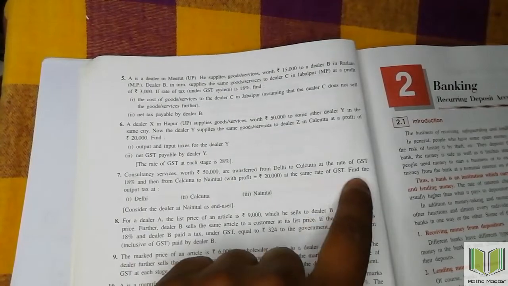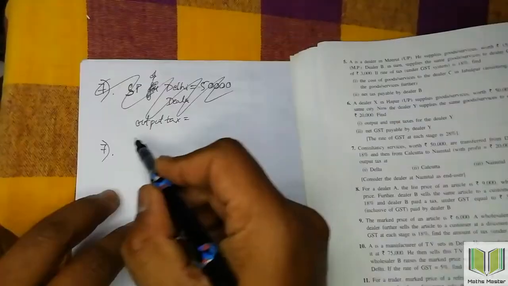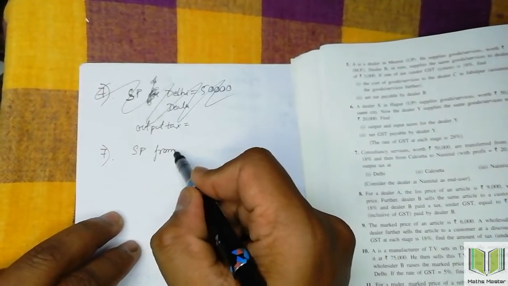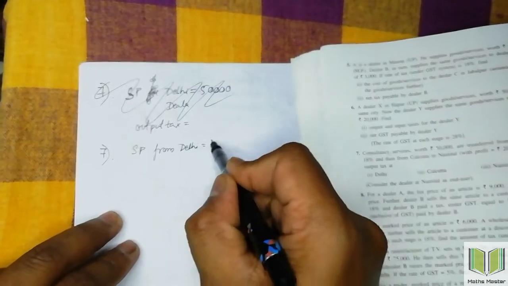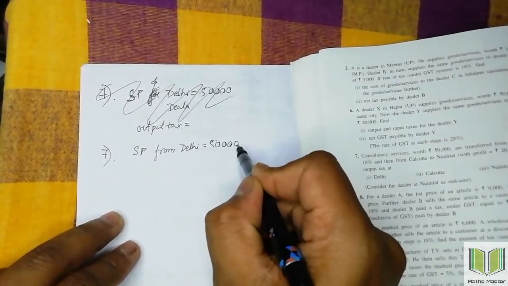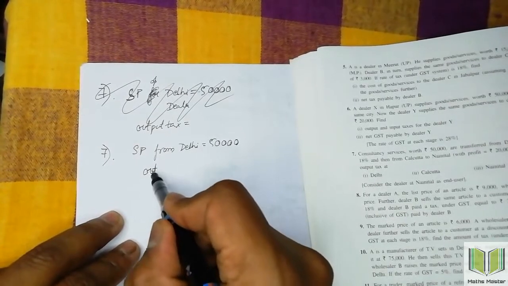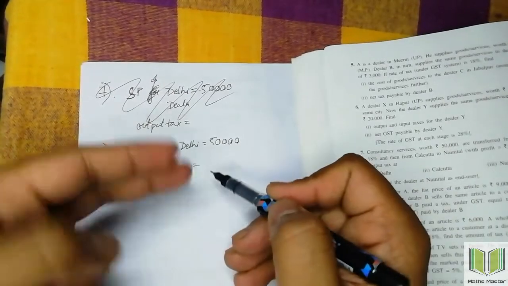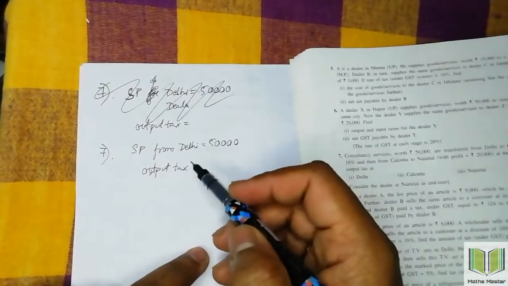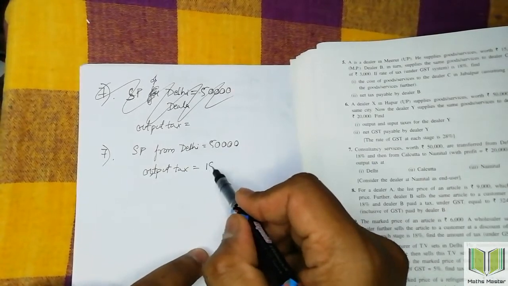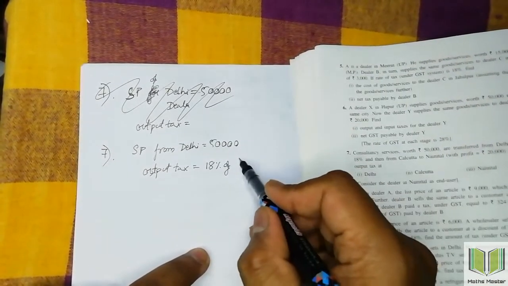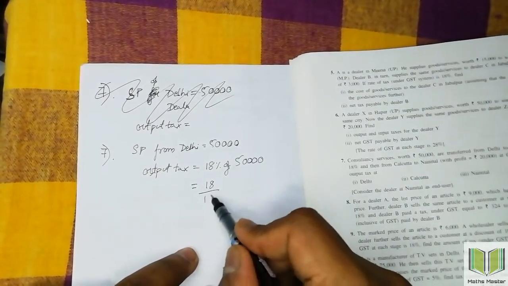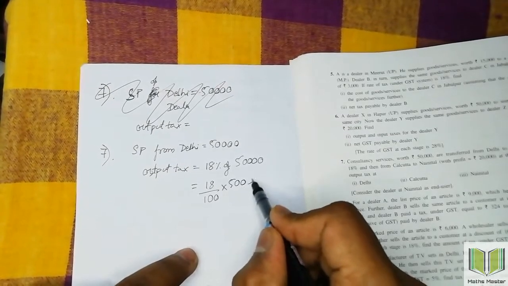They're asking for. Find the output tax at each stage, right? First thing first, selling price from Delhi person is equal to 50,000 rupees. Output tax will be equal to the GST that he is going to pay, which is equal to 18% of 50,000, which is equal to 18 by 100 multiplied with 50,000.